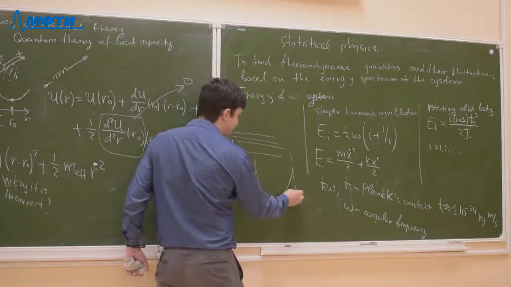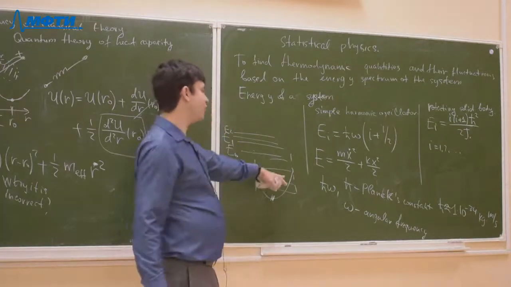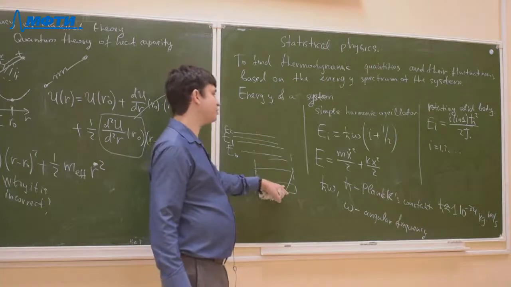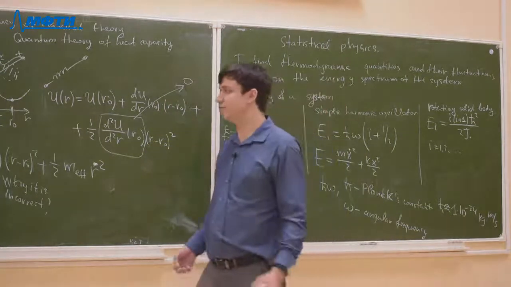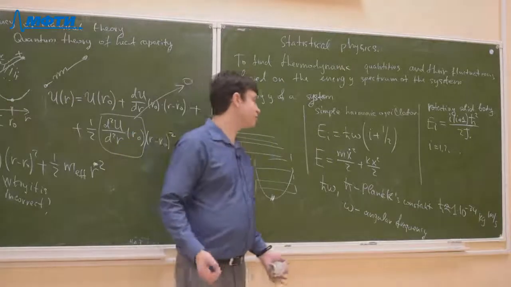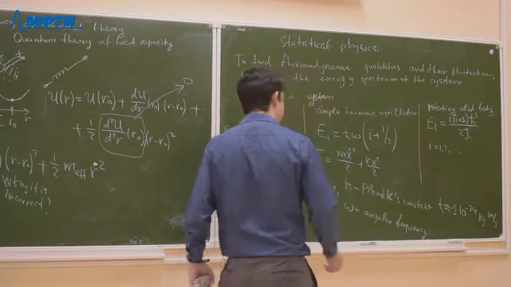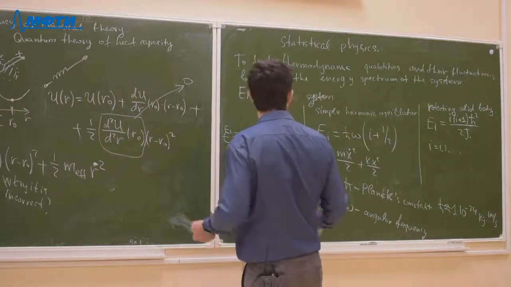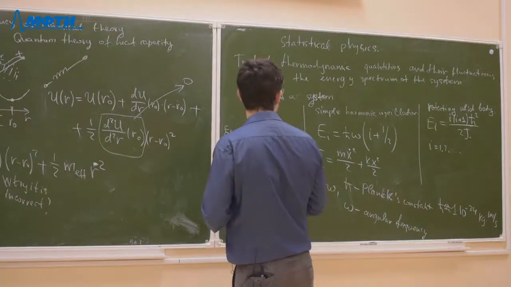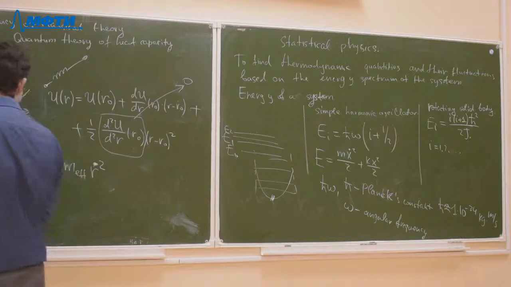And due to this motion in a finite volume of space, its motion becomes quantized. Rotation also happens in a finite volume of space, and due to this, it also gets quantized, and energy levels are described by this formula. So when we have found the energy spectrum of this system, we want to find out the thermodynamic properties of this system.